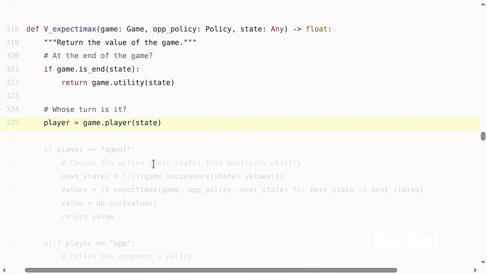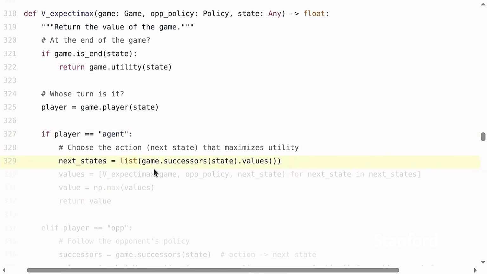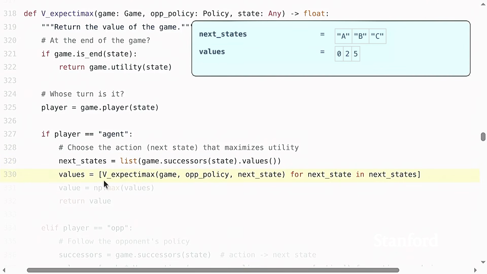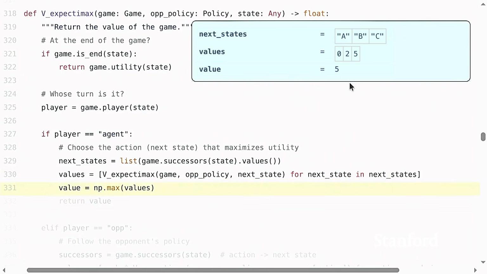Otherwise, see whose turn it is. If it's an agent's turn, remember, I'm going to choose the action that maximizes utility. So I'm going to look at the next states here. In this game, it's A, B, or C. I'm going to recurse and figure out what the expected max values of those states are, and then I'm just going to choose the maximum one.